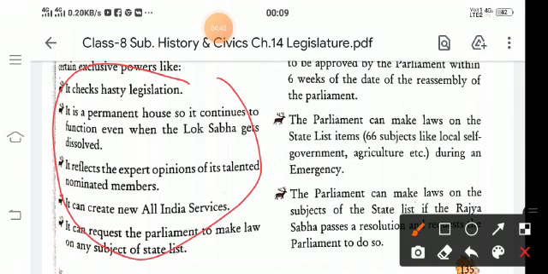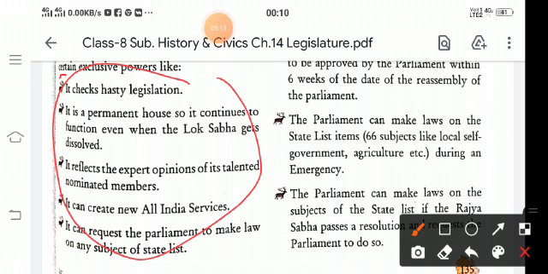It checks hasty legislation. It is a permanent house, so it continues even after the Lok Sabha is dissolved. If the Lok Sabha is dissolved, all the 552 members are not members of parliament at that time, but the Rajya Sabha still holds as a permanent house. Because it is a permanent house, it can function easily.